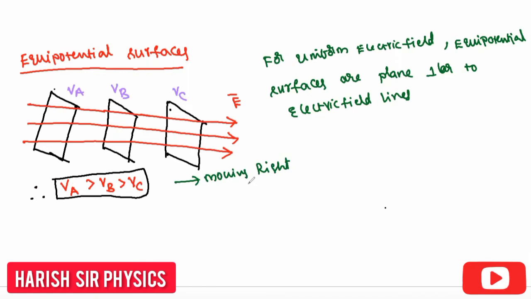In the second diagram, at the center I am taking one positive charge Q. These are the electric field lines, the lines of force. These are the equipotential surfaces, a spherical surface.